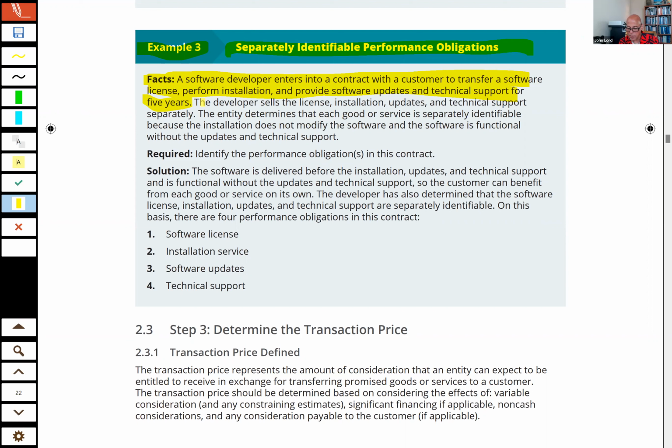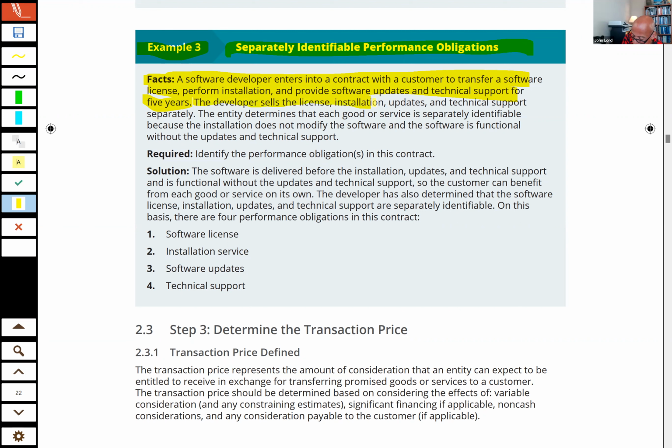And notice, guys, that the software license and the installation are probably a single point in time, okay? But the tech support is over 5 years. So notice you've got two things going on here. You've got separable performance obligations, with some of the performance obligations being at a single point in time, and one of them, the tech support, being over time. So you've got a couple of concepts overlaying in this example.